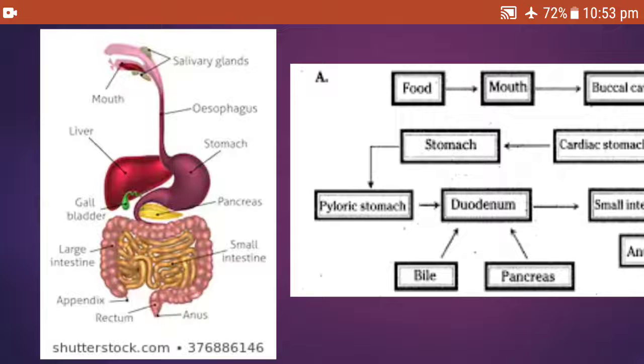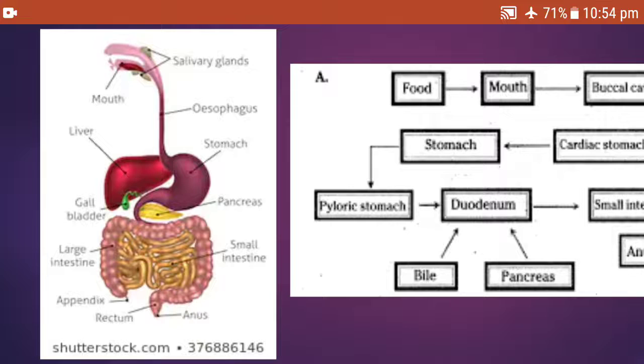Saliva contains an enzyme called ptyalin, or you can call it salivary amylase, which acts on carbohydrates and converts them into maltose. So digestion starts in the mouth itself, because the saliva secreted by the salivary glands is present there, and it acts upon carbohydrates, converting them into maltose.